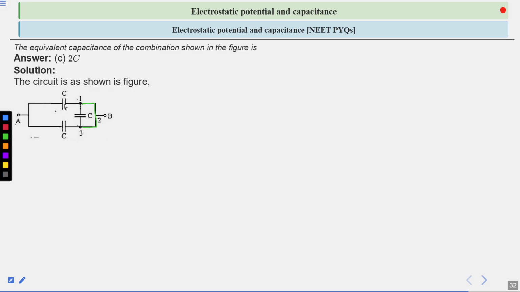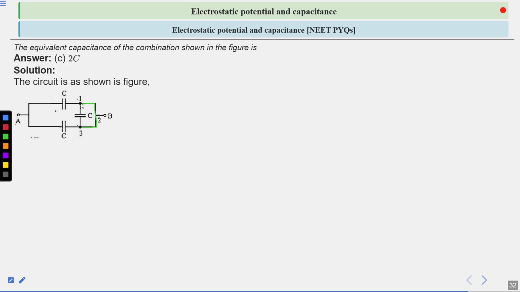If there were resistors in this place, we would say this is a wire with negligible resistance, so current would prefer to flow through that path. But now there are capacitors, which block current in the steady state, so we will not deal with the current here, we will deal with the potential difference.